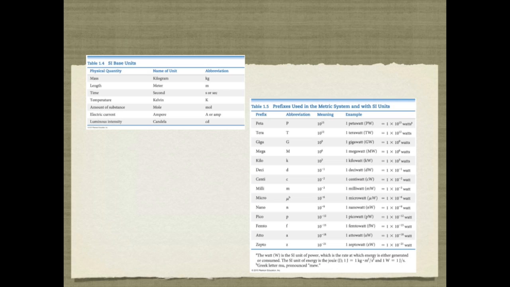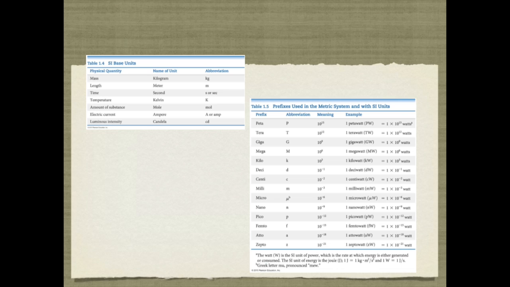All right, so know those 7 units. Also know the prefixes in this table 1.5, so everything from the peta down to the zepto. You want to know what the prefixes are, something like tera or giga. Also know its 1-letter abbreviation, the T for tera, G for giga. And then also know the meaning of those in terms of 10 to the 12th, whatever it would be.